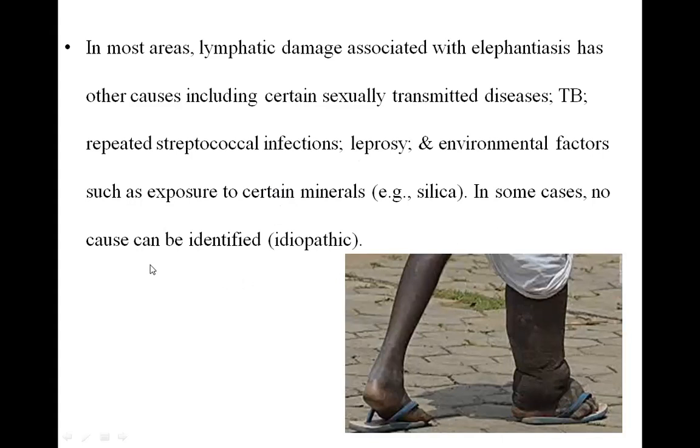In some cases, no cause can be identified, that is known as idiopathic elephantiasis. So there are other causes also present for elephantiasis, like sexually transmitted diseases, tuberculosis, repeated streptococcal infection, leprosy, environmental factors, and sometimes you may not find any cause for that. That time it is known as idiopathic elephantiasis.